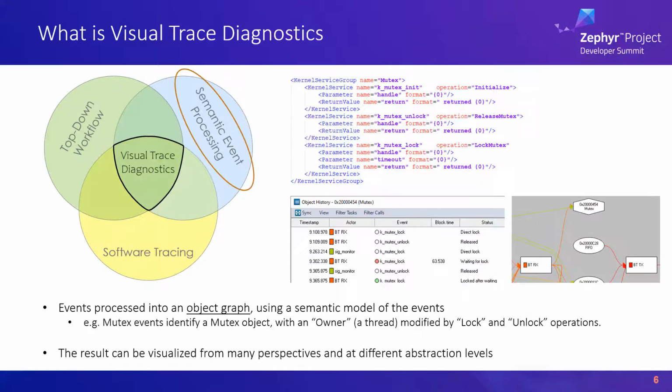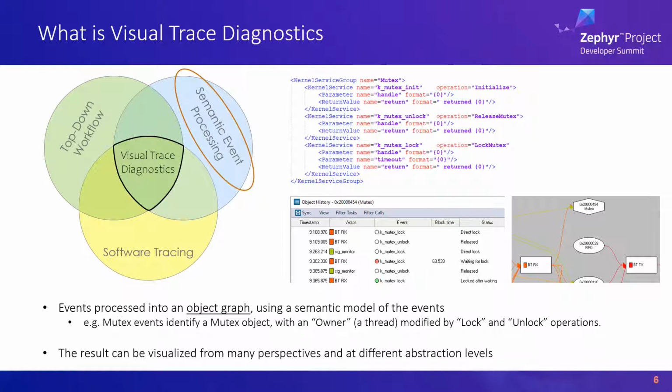To make this possible, we have a step we call semantic event processing, where we have a model describing the events that are traced and their semantics, their meaning. And the result can be described as an object graph, a linked structure containing typed objects, for instance a mutex, and the tool understands what a mutex is, and that it has a state like an owner, and this is modified by known operations like a lock and an unlock operation.